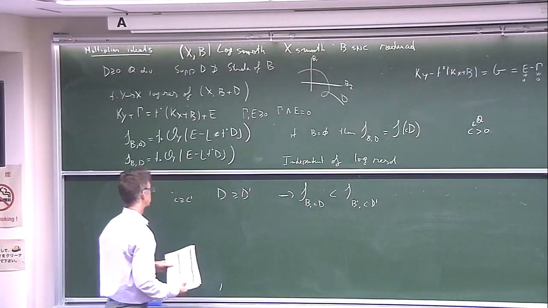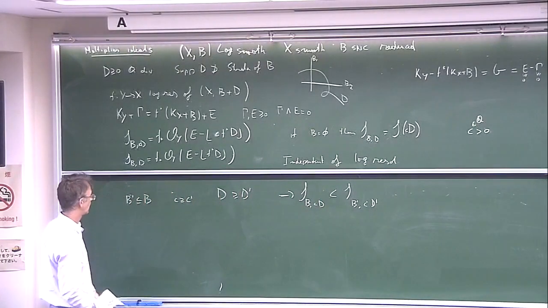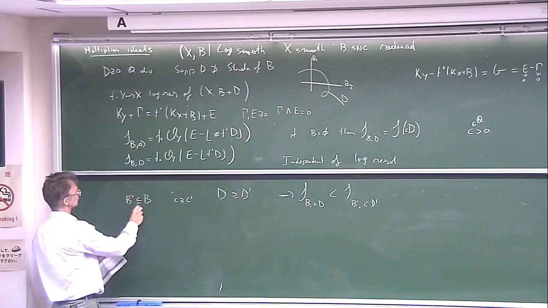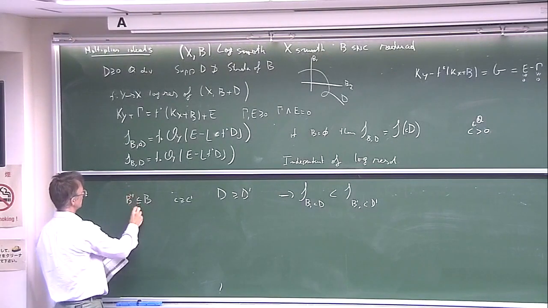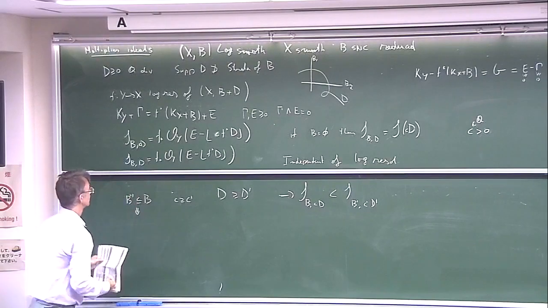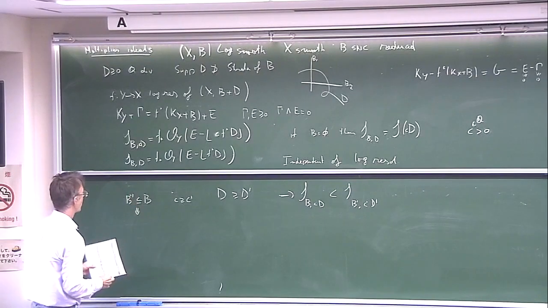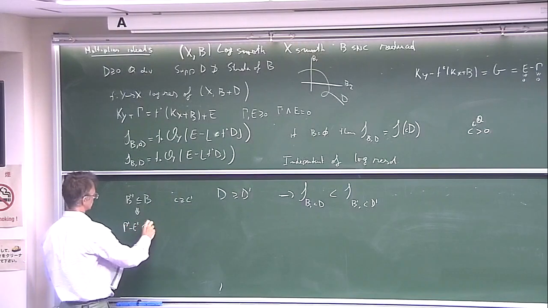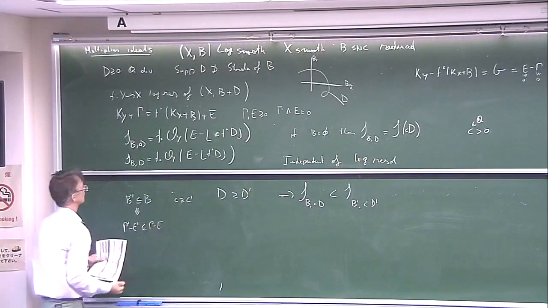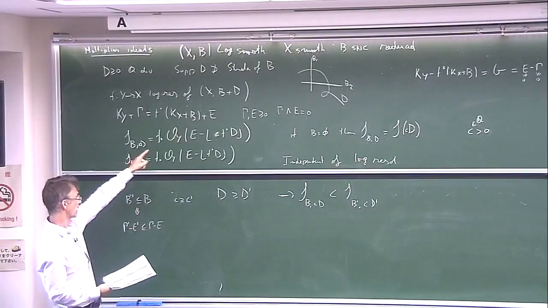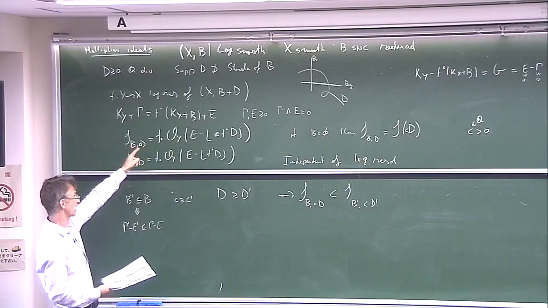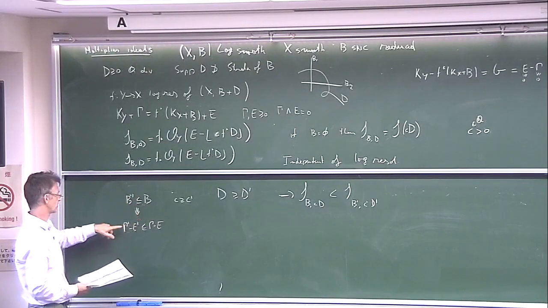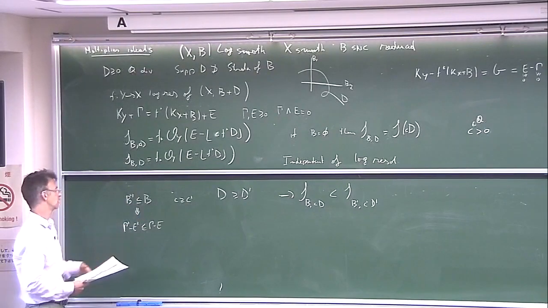Why would that be? If B prime is less or equal to B, then gamma prime minus E prime is less or equal to gamma minus E. You're just comparing the pullback of K_X plus B and the pullback of K_X plus B prime, and since B prime is less or equal to B, when you pull them back you get something smaller.